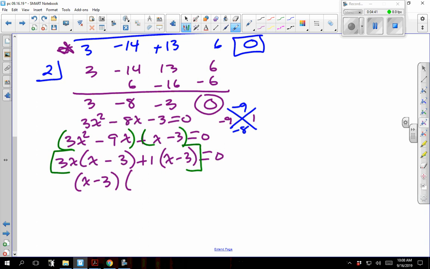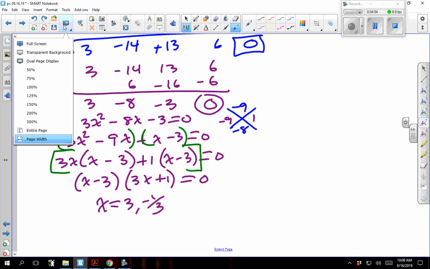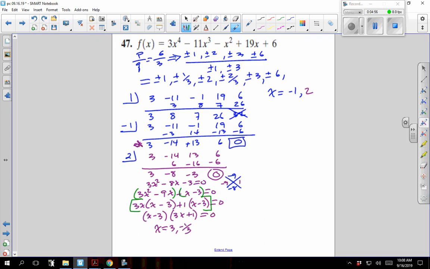That leaves a 3x plus 1 equals 0. That tells me that x is equal to 3 and negative 1/3. So 3, negative 1/3.